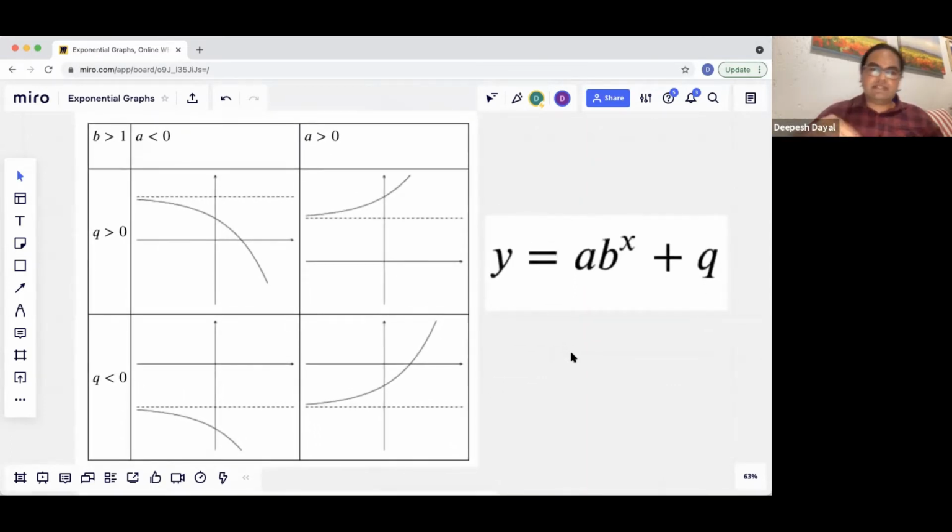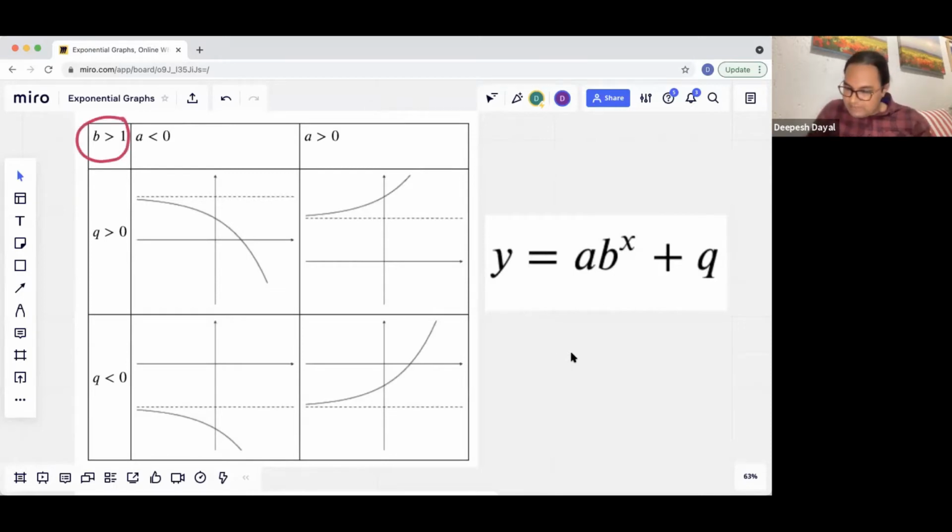And we've got all these graphs. There are 8 graphs based on whether a, b, and q are positive or negative. So this is how the graphs look. If the value of a is negative, so we start off here on the top, we're going to say b is greater than 1.